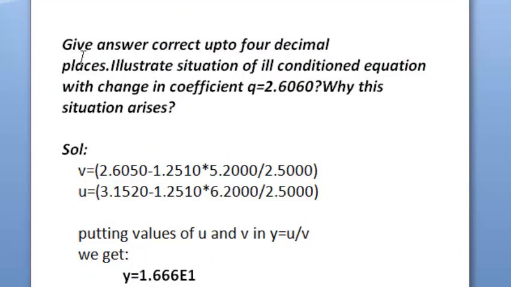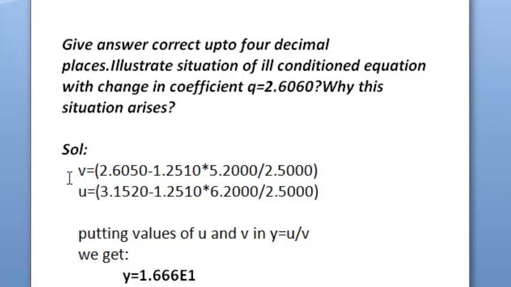And also we need to answer correct up to 4 decimal places and illustrate the situation of ill-conditioned equations with a change in coefficient q equals 2.6060, and why this situation arises.